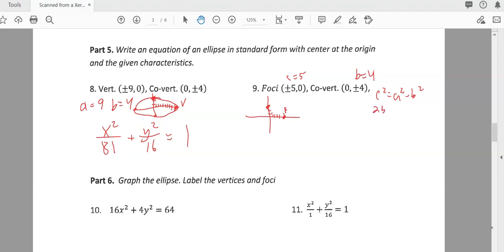So this would be 25 equals a squared minus 16. So 41 equals a squared. So a equals the square root of 41. So my formula would be, it's a horizontal ellipse, so x squared over a squared, which is 41, plus y squared over b squared, which is 16, equals 1.